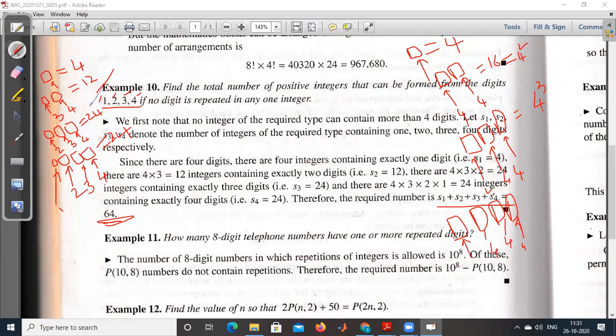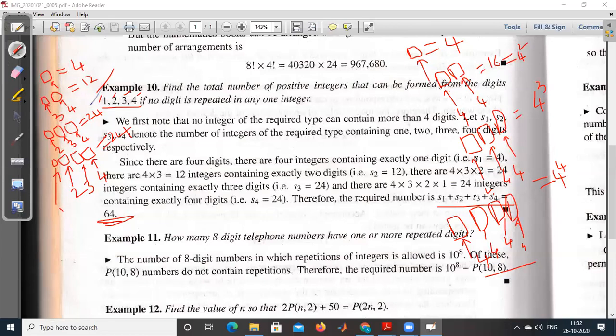Because the repetitions are allowed now, even if one digit is filled in one position, all the digits are available for the second position also. So this is 4 power 4. So 4 plus 4 square plus 4 cube plus 4 power 4. That many different positive integers are possible if the digits are repeated.